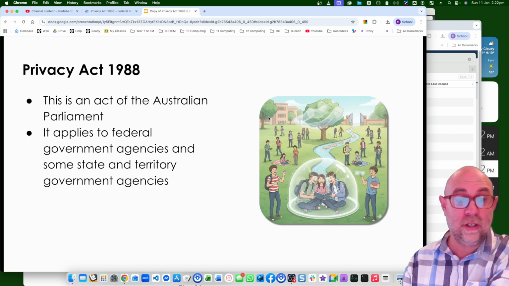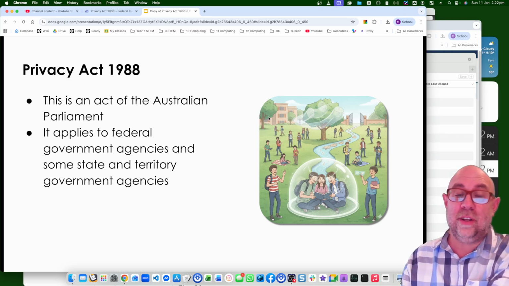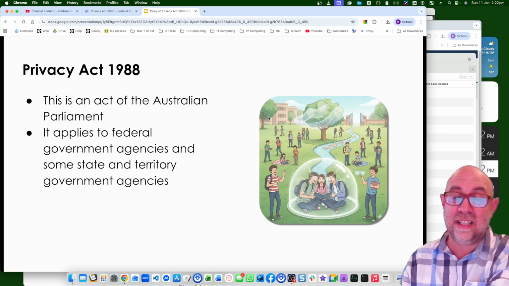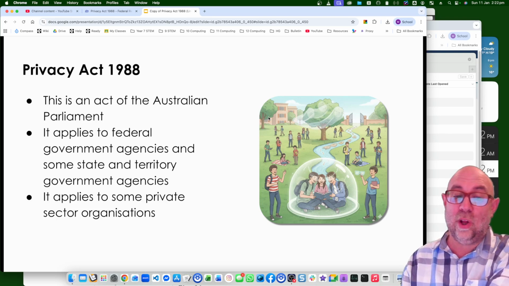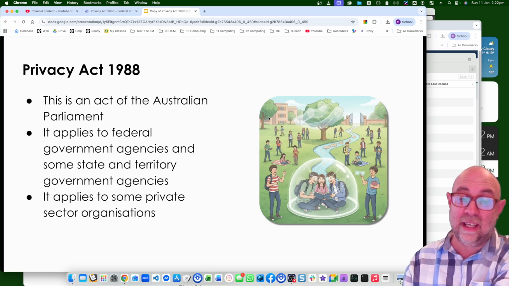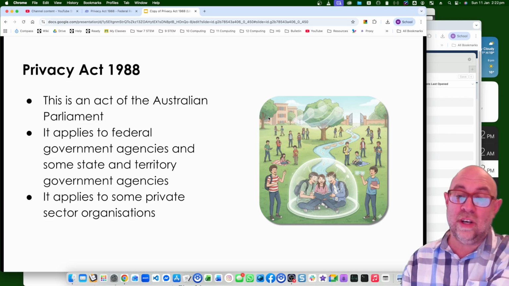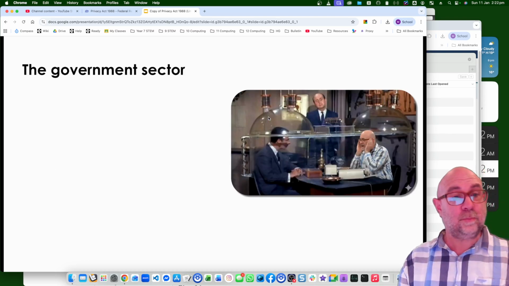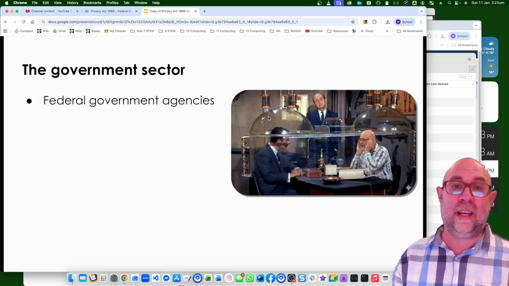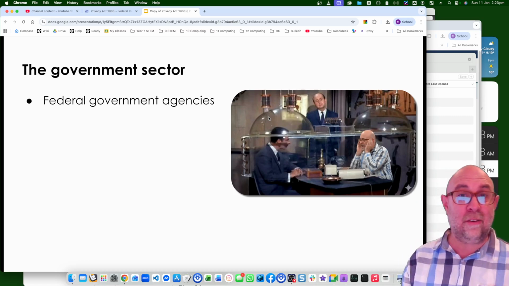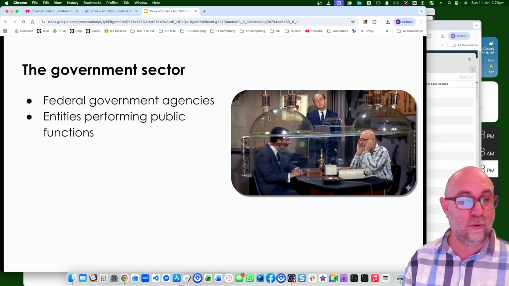I'm not sure which. In general, it applies to the Australian federal government, its agencies and some state and territory agencies. And it applies to many, I've said some here, but private sector organisations. I don't know if it's numerically most of them, but it's a lot of the ones that you'd be dealing with. So in the government sector, we're looking at federal government and the federal government agencies, Centrelink, Department of Defence and so forth.